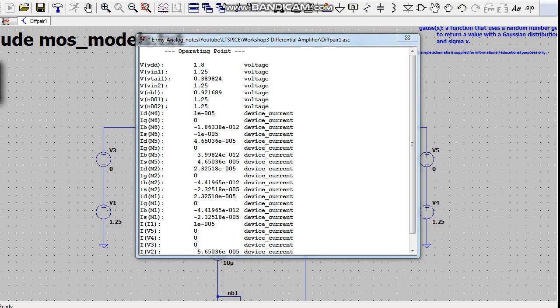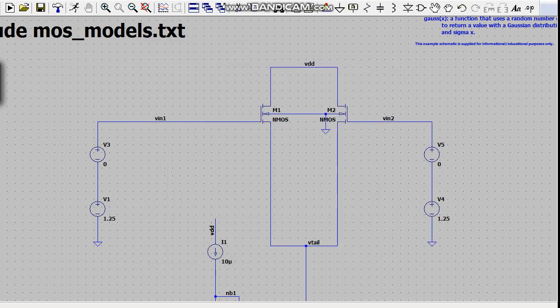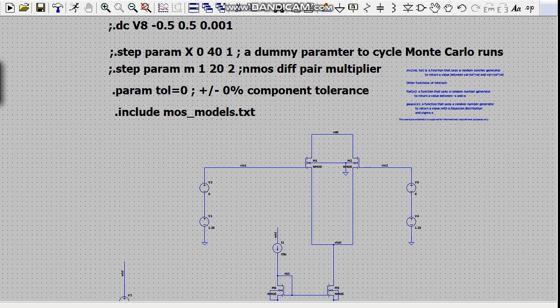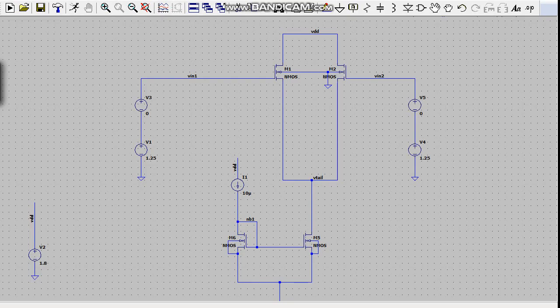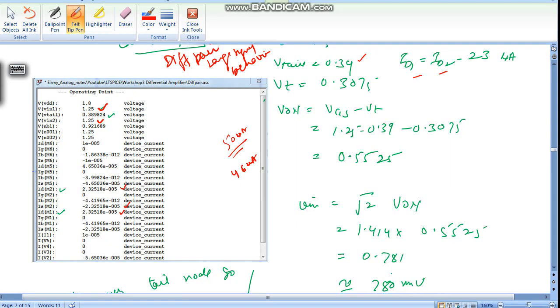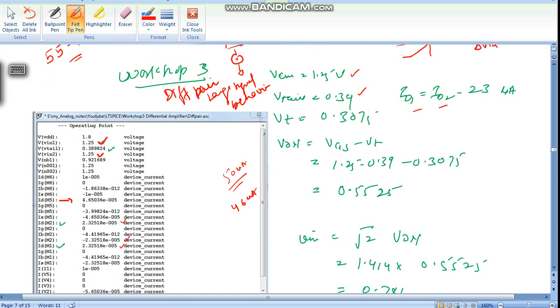The device name is M5, so M5 ID is 46.5. Okay, for the time being we can ignore that. This is because of channel length modulation.